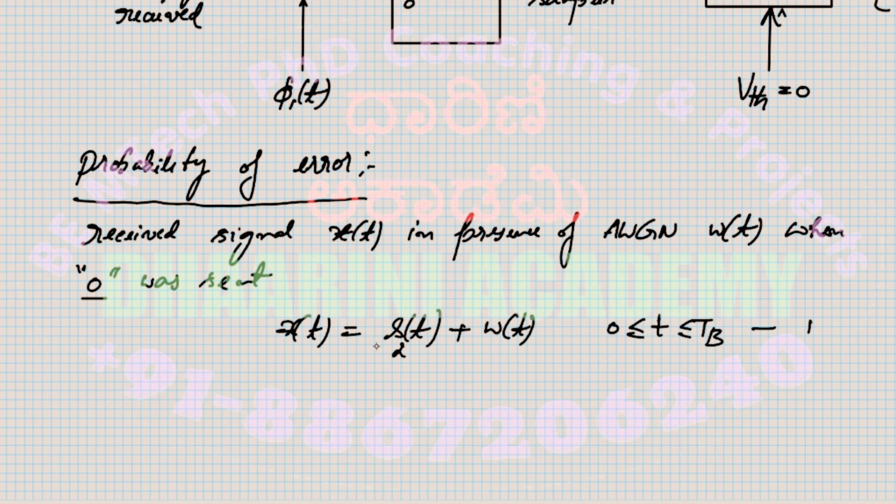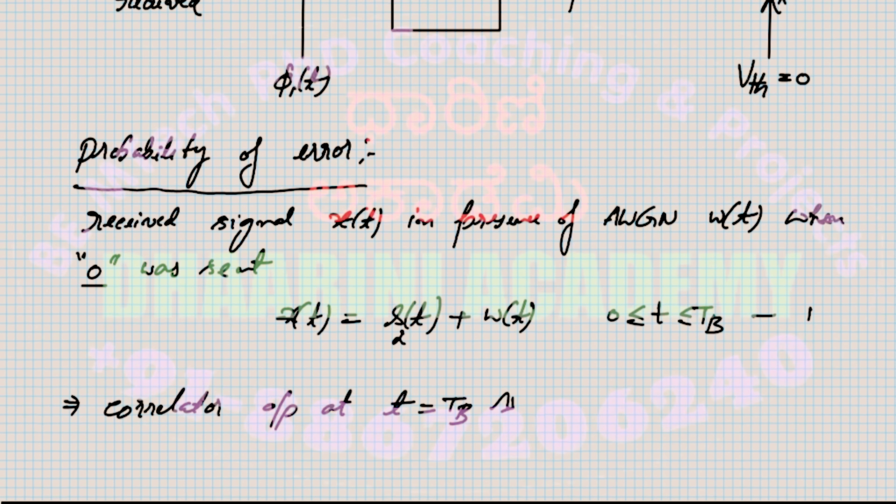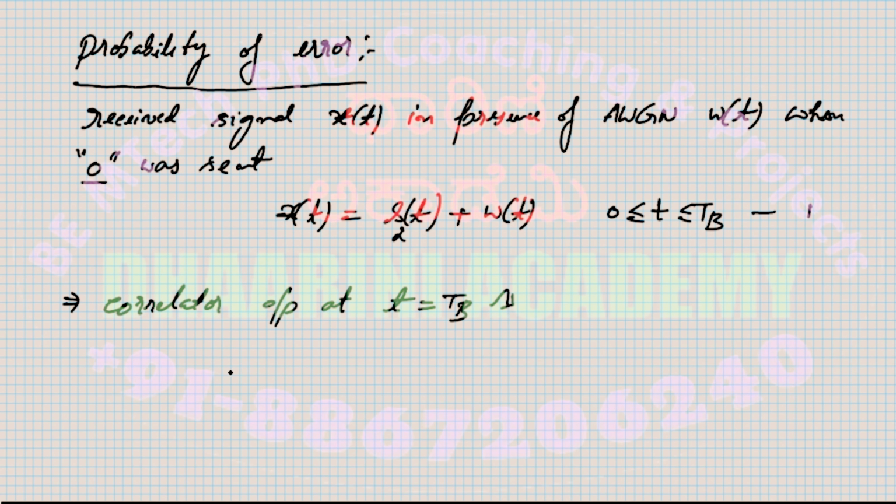This implies the correlated output at t equal to Tb. Let me call that the symbol. We denote that as x1. X1 is after sampling, but anyway, we can write it here now.